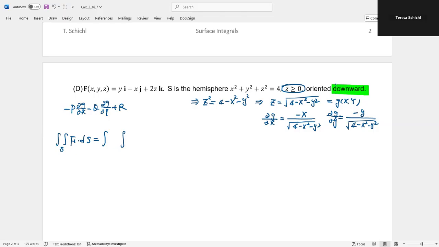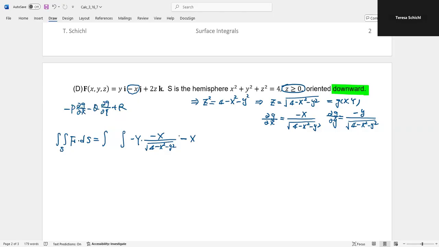Negative P, so it's a negative y. ∂g/∂x is this number, so it's negative x: 4 minus x squared minus y. Then minus Q. Okay, minus Q is equal to the negative x. So minus Q, that means plus positive x, right? Okay, so here minus Q.